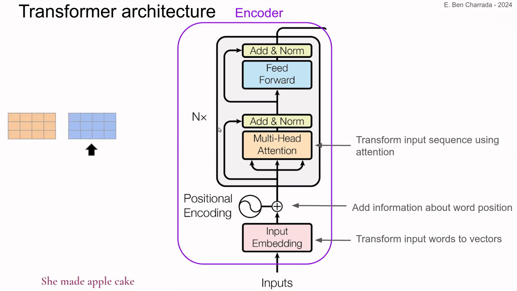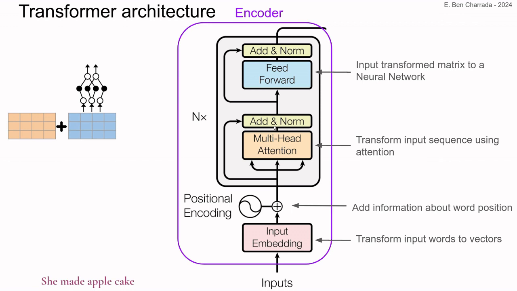So we will go through the multi-head attention and we will get this result. After that, we add it to the original one and do some normalization. After that, our matrix will go through a neural network.